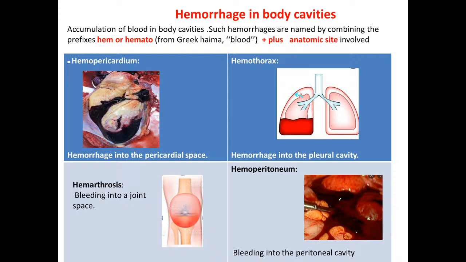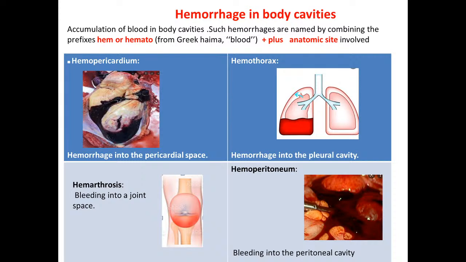Accumulation of blood in a body cavity: such hemorrhages are named by combining the prefix hem or hemato, from the Greek hema, blood, plus the anatomic site involved.